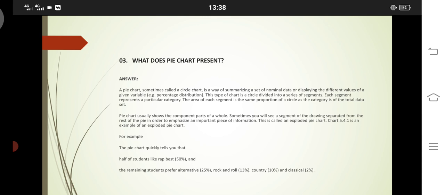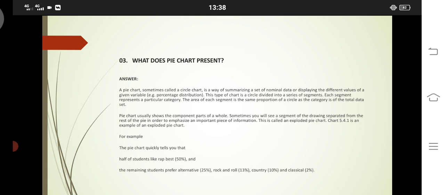A pie chart usually shows the component parts of a whole. Sometimes you will see a segment of the drawing pulled apart from the rest of the pie in order to emphasize an important piece of information. This is called an exploded pie chart.